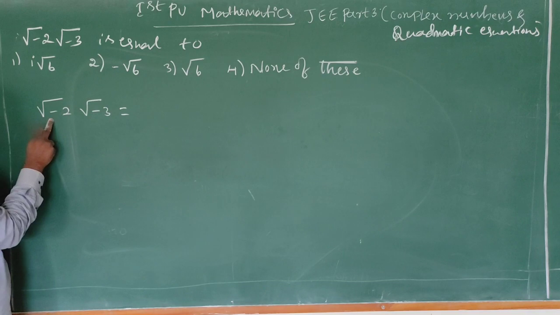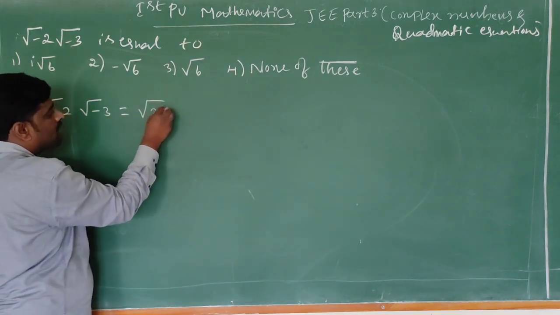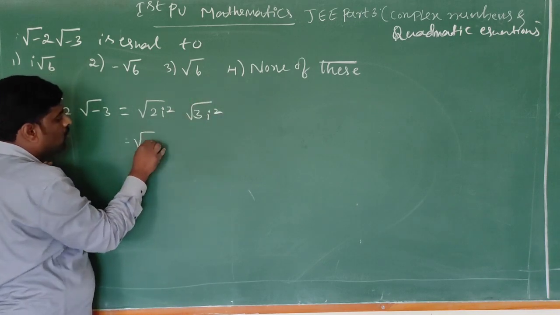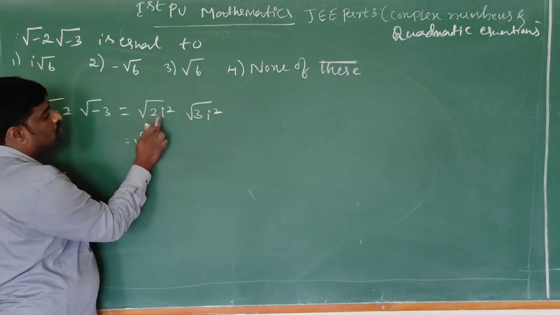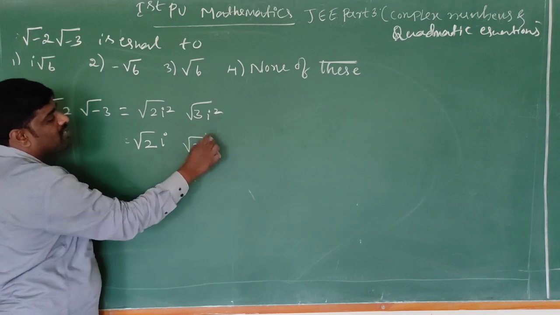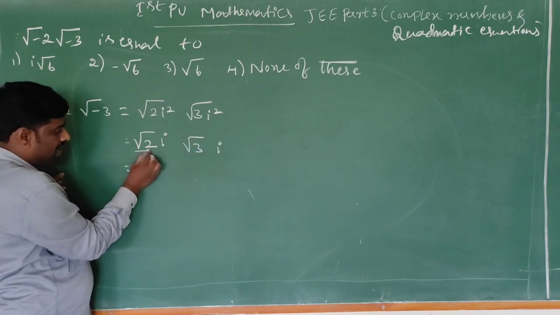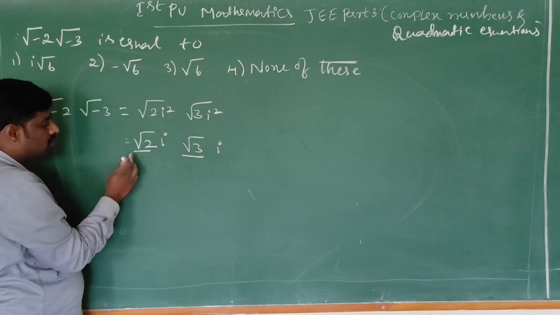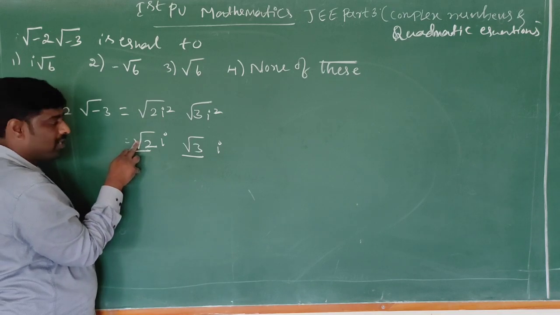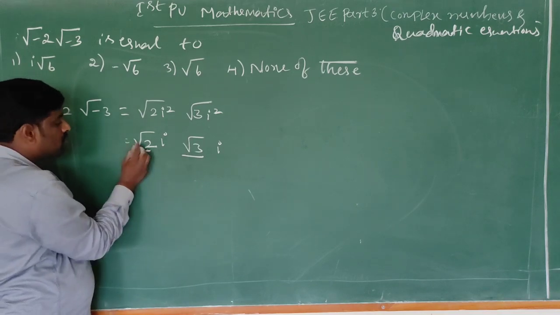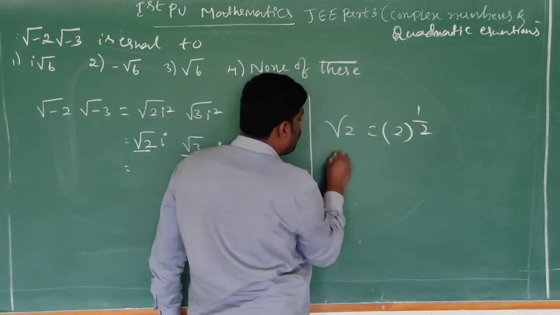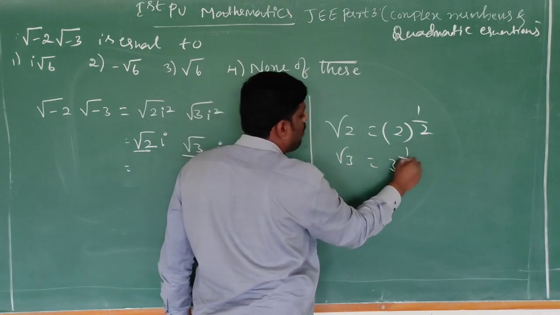Minus can be written as i square, that is root of 2 i square times root of 3 i square. The square root of i square is i, and for root 3 the square root of i square is i. Root 2 we can write as 2 to the power of 1 by 2, and root 3 as 3 to the power of 1 by 2.